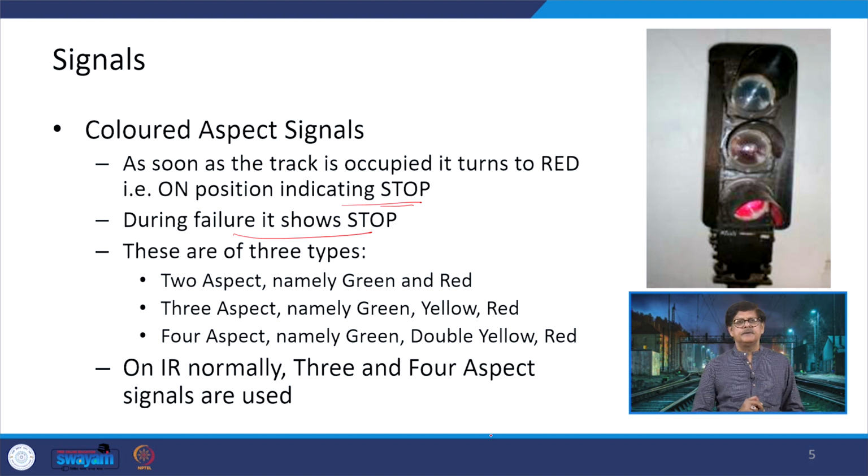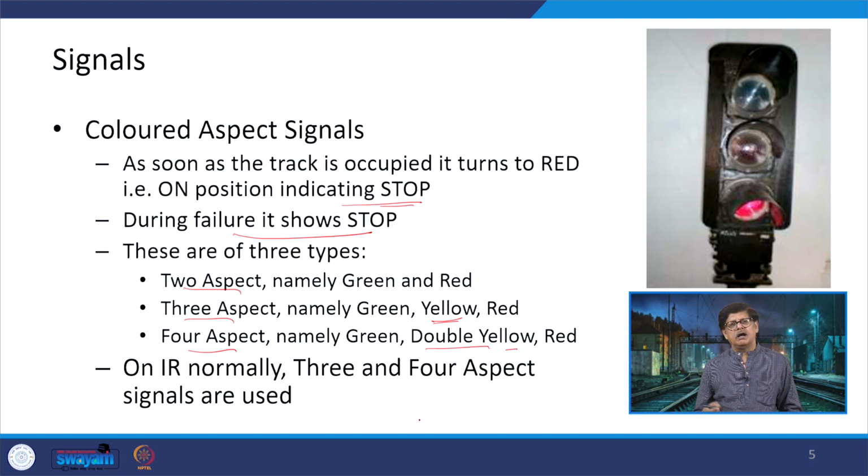There are three types of colored aspect signals: the 2 aspect, 3 aspect and 4 aspect signals. When you say 2 aspect, the normal conditions will be red and green only, but when you say 3 aspect the yellow comes into the picture, and if it is a 4 aspect then there will be 2 yellows.